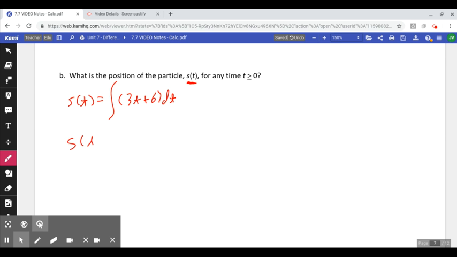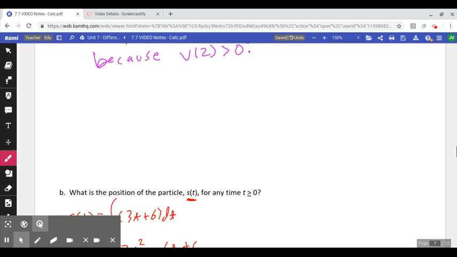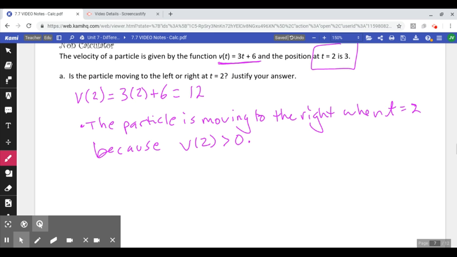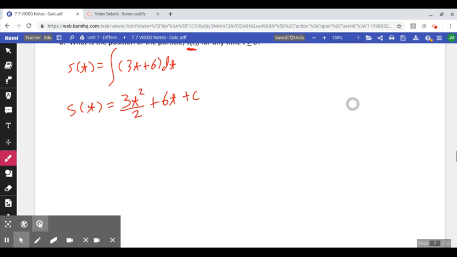So if we work with this one here, we've got the antiderivative of 3t, which is 3t squared over 2, and then plus 6t. Also remembering there could be a constant hanging out there that we're not sure of, but actually we can go ahead and find the particular solution here. We just found the general solution. By using this information here, the position of the particle is 3 when t is equal to 2.